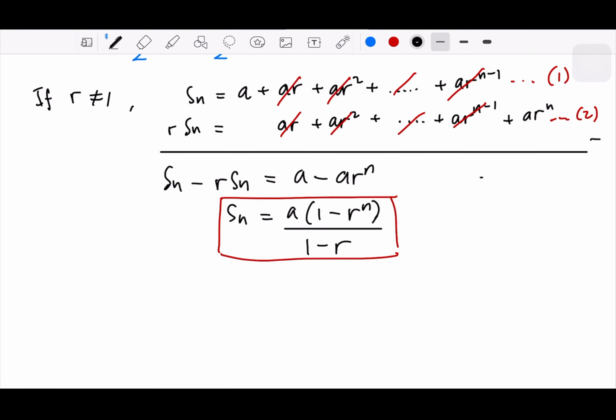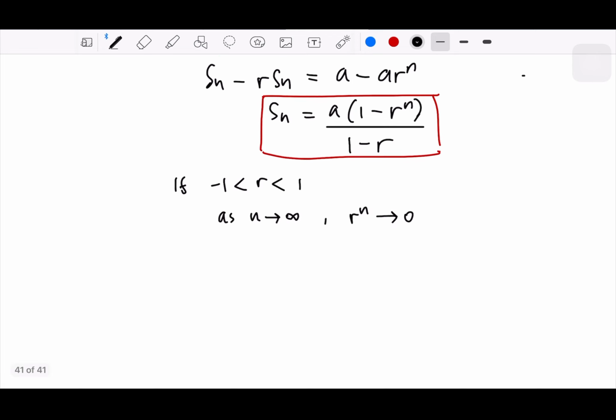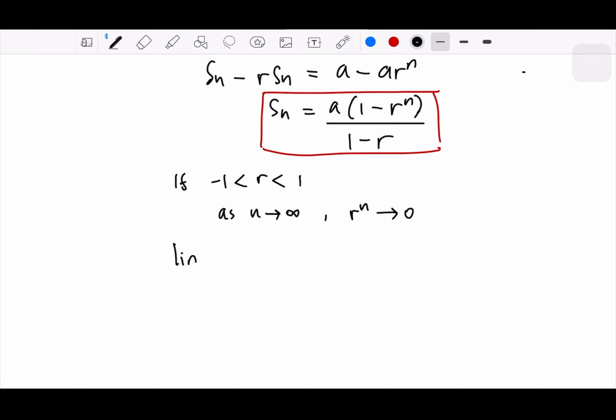So if -1 is less than R which is less than 1, as n goes to infinity, R to the power of n will approach 0.